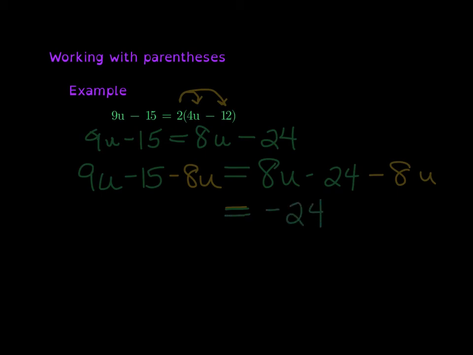And doesn't that work out nicely on the left? 9u minus 8u, that's just u minus 15. You could put the 1 in front of the u. I'm going to leave it out because that's how you'll see it written more often than not. Next, we want to get rid of the minus 15. So we'll do the opposite of minusing 15, which is to add 15.